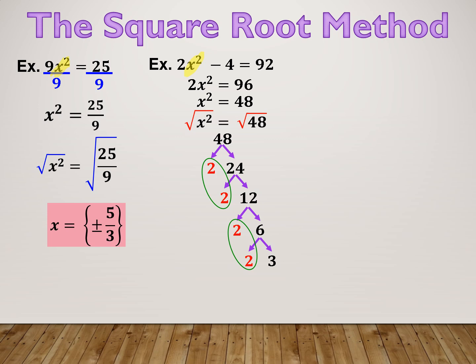Now, there are two different ways you can think about this. You can say, you want to marry somebody who's like you. So that first set of 2's found somebody who was like them. They went into the radical as two separate 2's. They got married, but now they come out of the radical as one happy family of 2. Same with the other pair of 2's. They're two separate single people. They go into the radical to get married.